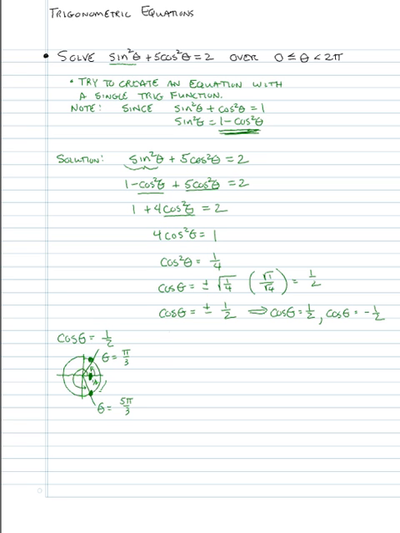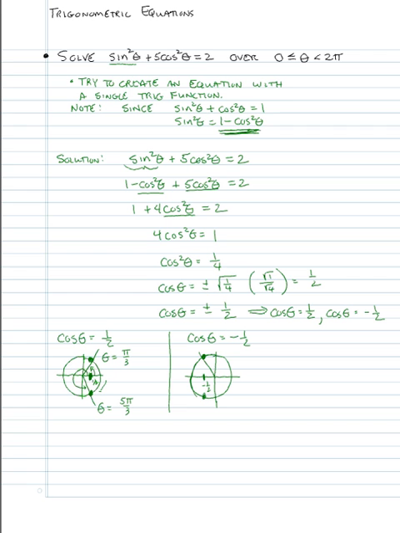Now, that was only dealing with the cosine of theta being positive 1/2. If the cosine of theta is equal to negative 1/2, then our unit circle and our reference positions would be in the second and third quadrant, because we have a negative 1/2 first coordinate, and that would be represented by a position here or a position here.